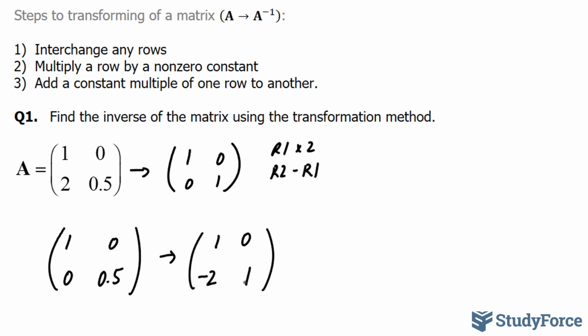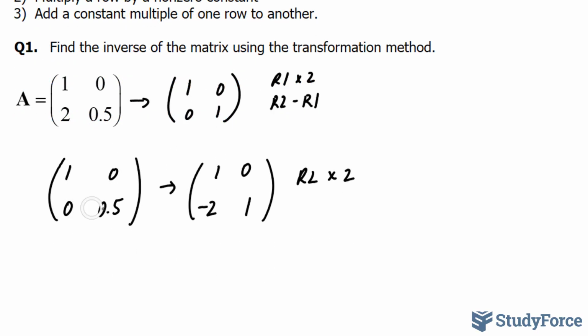We are getting very close to making our matrix look like the identity matrix. The last step is to convert this half somehow into a 1. And we can do that by multiplying all of row 2 by 2. If I multiply each of these elements by 2, I end up with, well, the top part stays the way it is.